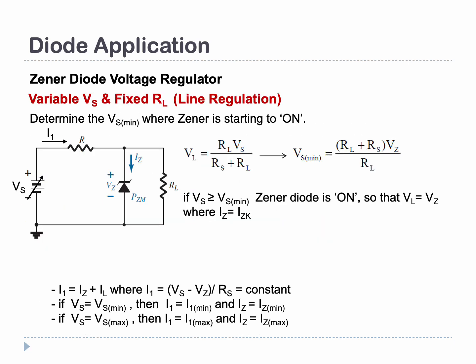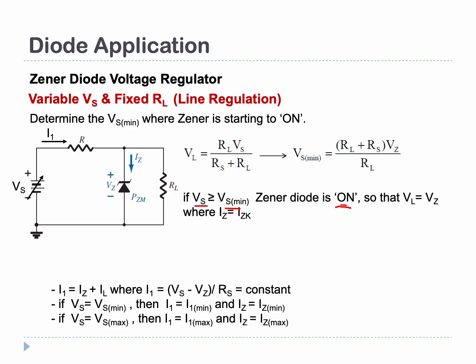Alright, and I would like to go to the case when your source voltage is varying, meaning that it is changeable. However, your load resistor is in a fixed condition. So in this case, if your Vs, your source voltage, is larger than the Vs minimum, then your Zener diode is turning on.